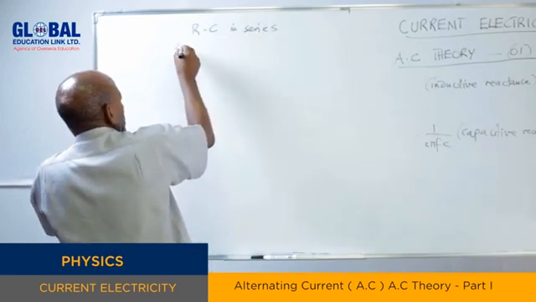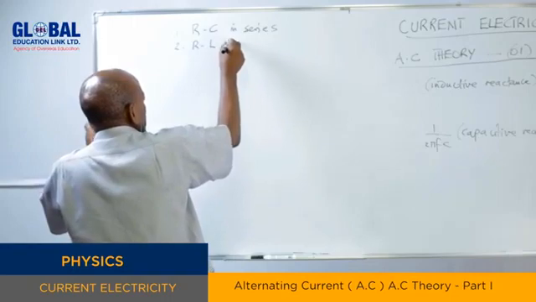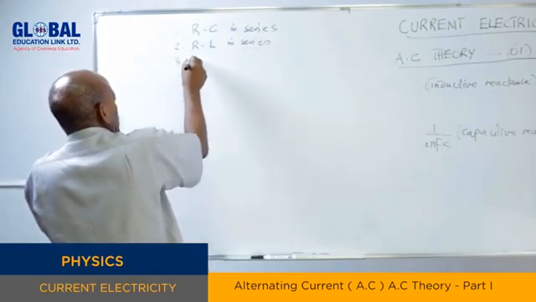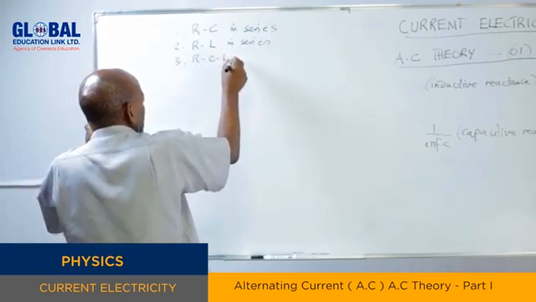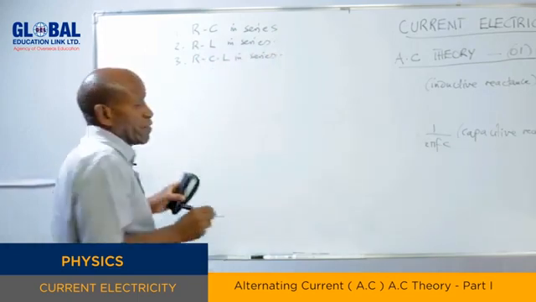Second, a resistor and an inductor connected in series. And our last case, when all 3, a resistor, a capacitor, and an inductor, are connected in series.